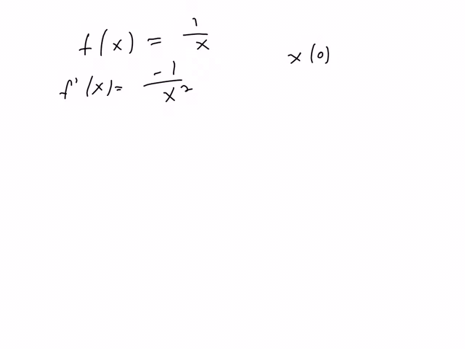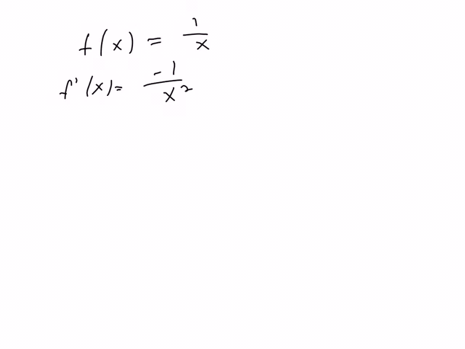Okay. The next one is f of x is equal to 1 over x. So let's look at f prime of x. Well, that's going to give me negative 1 over x squared, right? Because it's going to be x times the derivative of 1, which is 0, minus 1 times the derivative of x, which is 1, all over x squared.